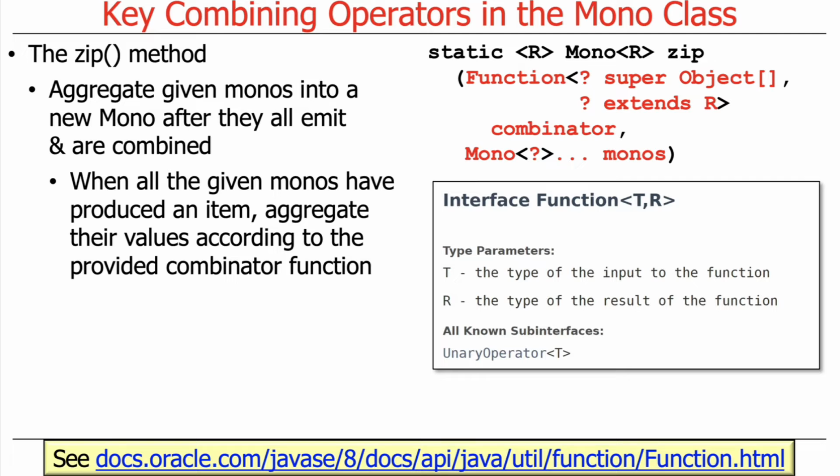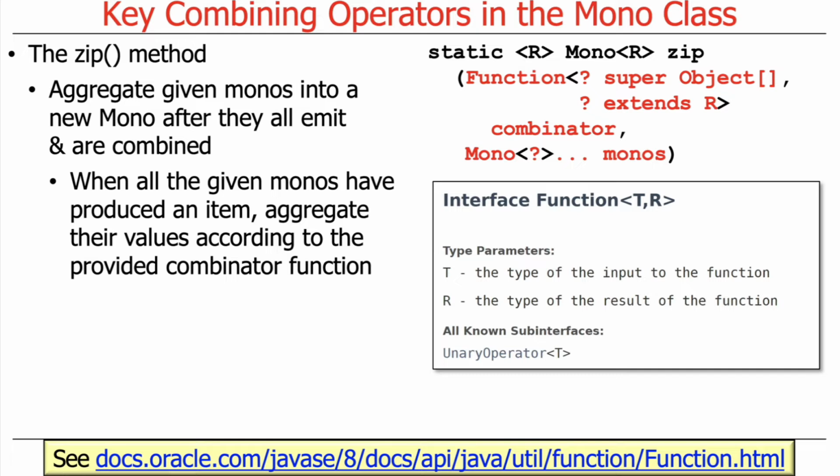So what it does is it says, we're going to have this variable length parameter called monos, and the ... just means there could be many of them, 0 to infinity. Well, I guess you can't have infinity because it's going to be bounded by the size of the memory, but you could have an array of these things that could be very large.